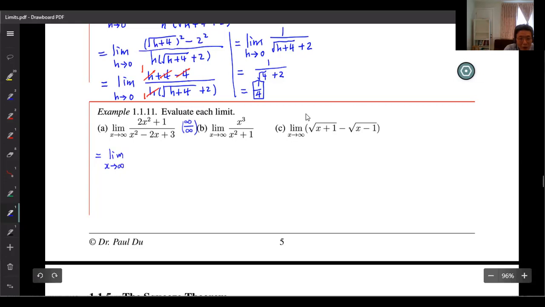We divide the numerator and the denominator by the highest power. The highest power of the numerator and the denominator is x squared. So we divide out x squared.